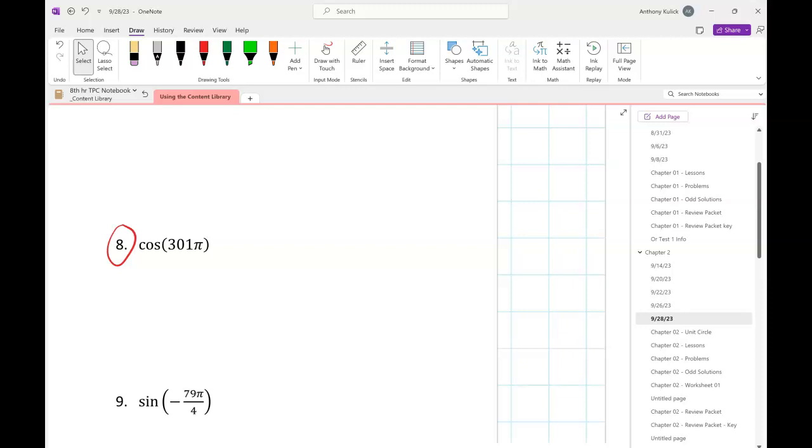Now, is 301 too big or too small? Too big. So I should be subtracting 2 pi, right? Well, it's going to be a lot of subtractions here. How many times am I going to have to subtract 2 pi? 150 times, right? Because 150 times 2 is 300.